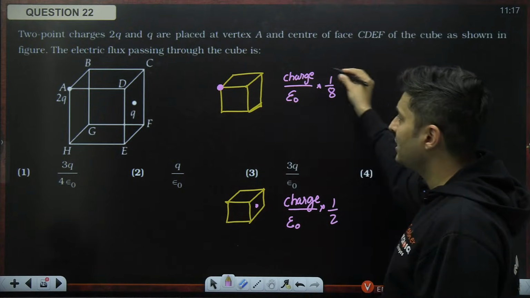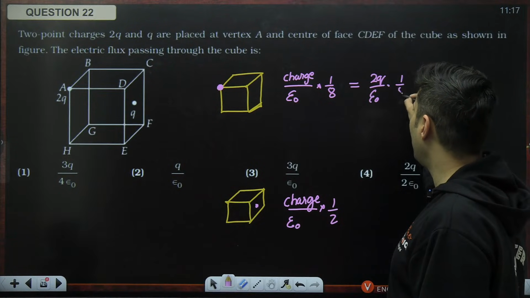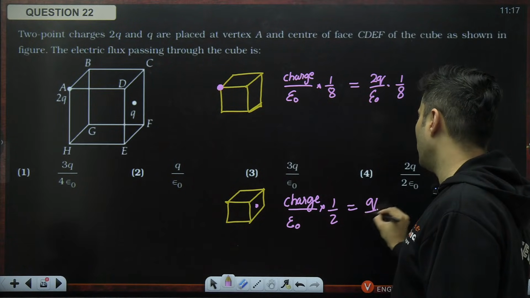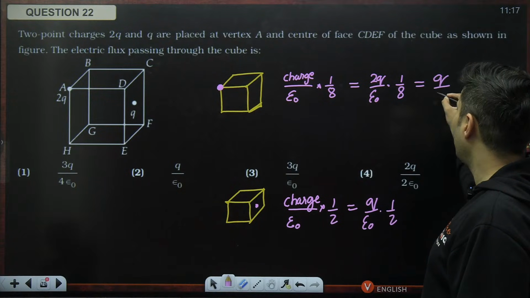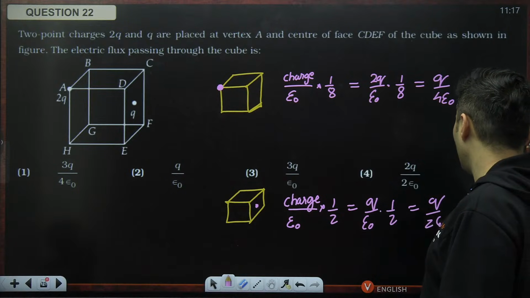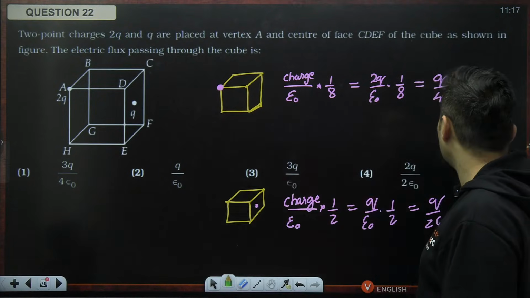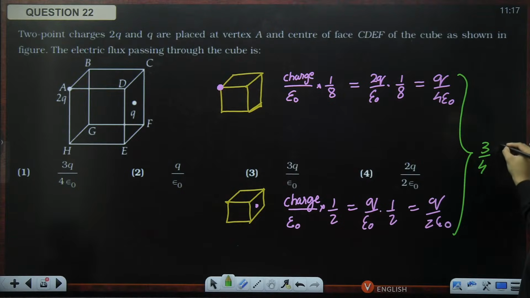So in this case, the charge at the corner is 2q by epsilon naught into 1 by 8. This will be nothing but q by 4 epsilon naught. The other will be just q divided by epsilon naught into 1 by 2, which is q by 2 epsilon naught. But we want the total flux. So 1/4 plus half is nothing but 3 by 4, so this will become 3 by 4 q by epsilon naught.